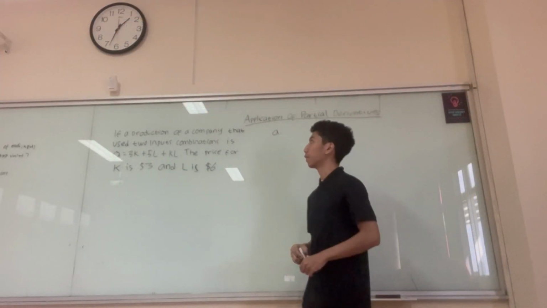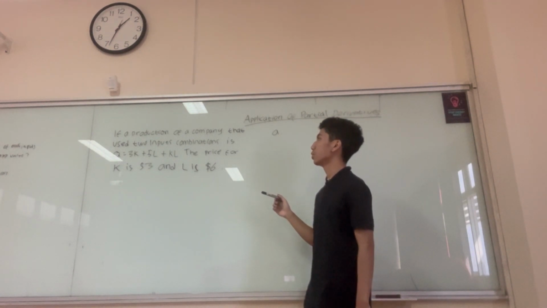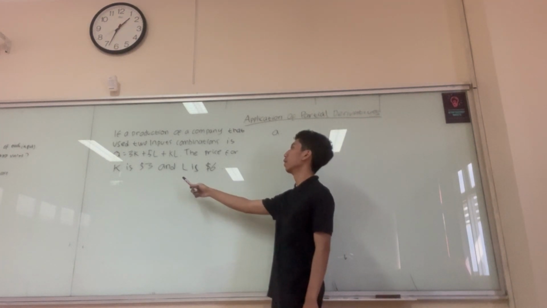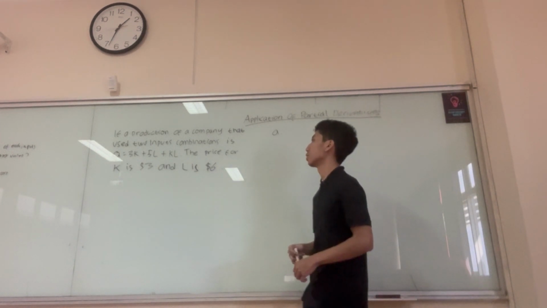So this is what I got for the case example. If the production of a company that uses two inputs combination is Q equals 3K plus 5L plus KL, and the price for K is $3 and L is $6.